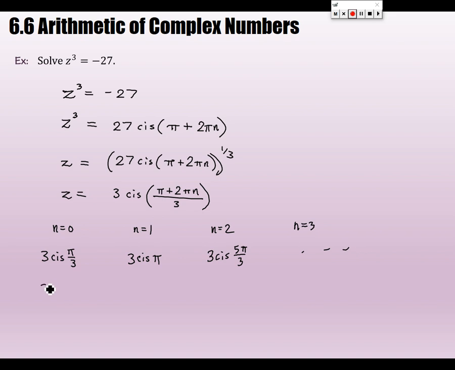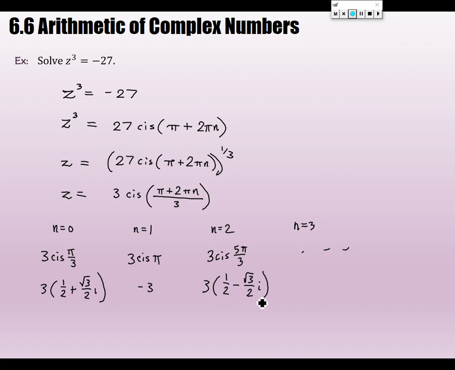So let's actually do these out here. So here we have 3 times, what's the cosine of pi over 3? What's the sine of pi over 3? We get cosine of pi over 3 is a half, plus √3 over 2 i. This one we can just right away write down -3 if you like. And over here we have 3 times cosine of 5 pi over 3, still a half, this time minus √3 over 2 times i.